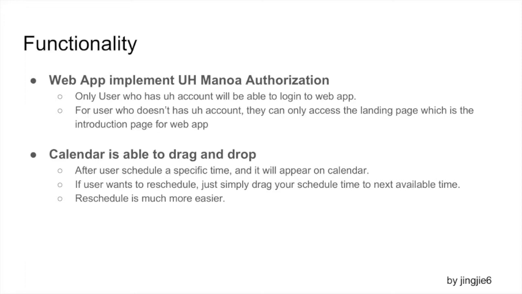Also, our calendar is able to drag and drop. After a user makes a schedule, it will appear on the calendar. If a user wants to reschedule, they simply drag the schedule to the next available time.